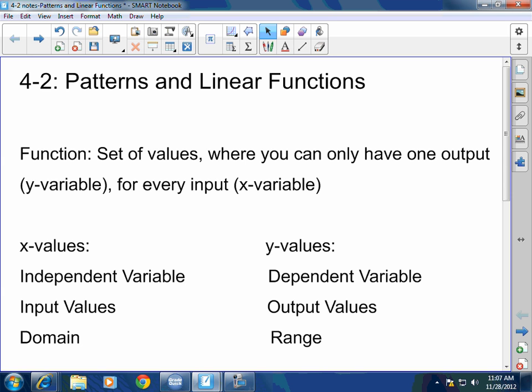Those are names given to the y values. So x is independent, y is dependent, and a function is a set of values where you can only have one output, one y value, for any given input or x value. Okay? So all of this should have been in your notes yesterday.